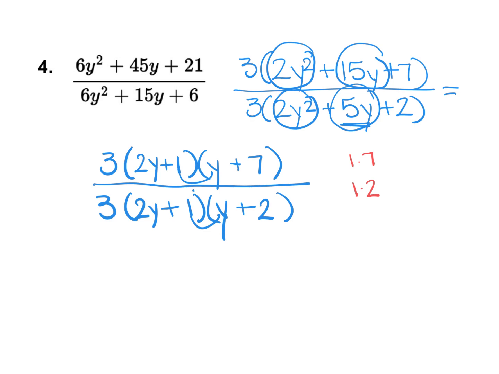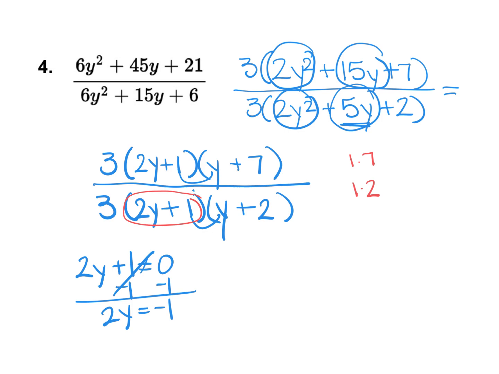So now we have to take a look here to find our excluded values. Our excluded values are going to be, we'll have to use this 2y plus 1. So let's look at that first. 2y plus 1 cannot be equal to 0. So minus 1, 2y is equal to -1.